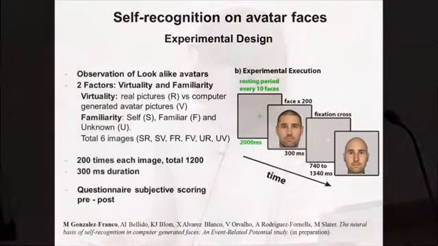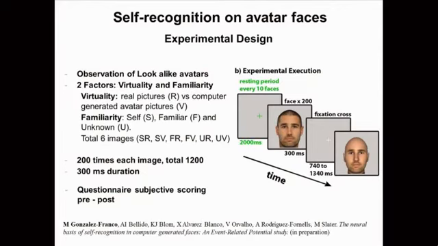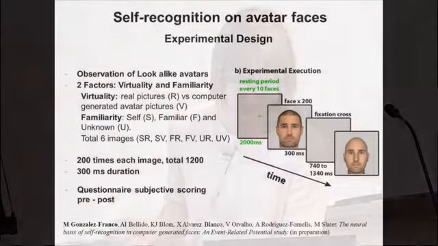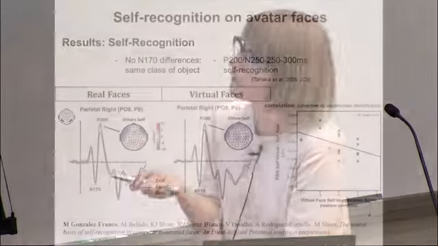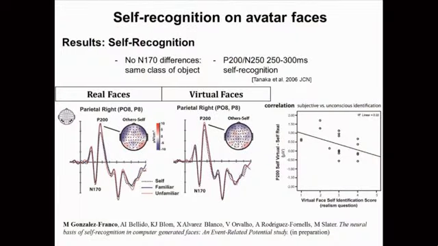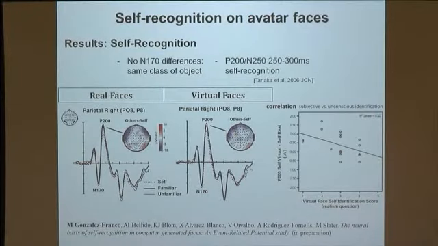And we do subjective scoring, how much this avatar looks like the real person, okay? So what we find is that, well, the visual cortex is over here on the back of our head, and we find traces of object recognition, okay?